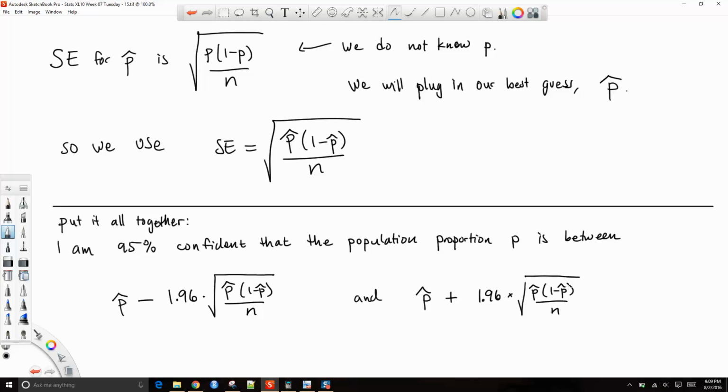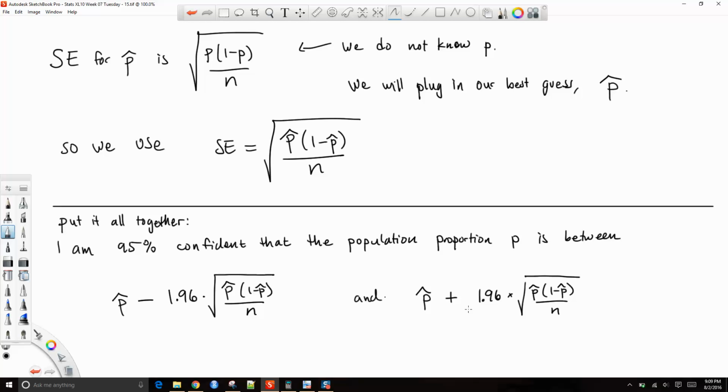Here we're doing the same thing. We observe p hat, and based on that, I'm 95% confident that p is between p hat minus almost 2 standard errors and p hat plus 2 standard errors.